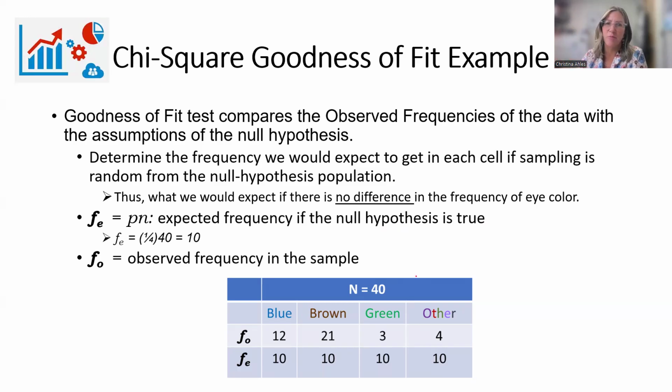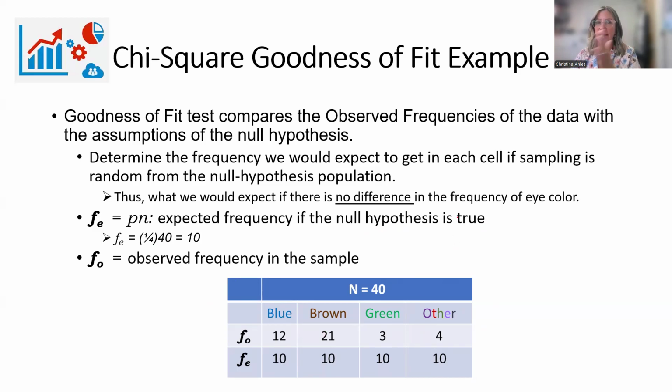We can do this a couple of different ways. I always go, okay, the sample size, N, you have four categories, and you have a total of 40 participants.